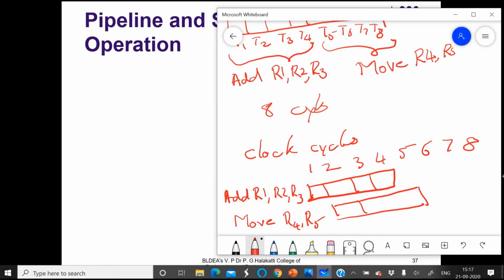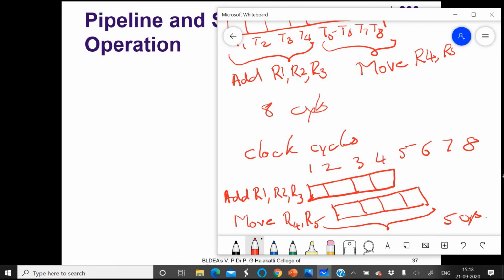As soon as the first instruction finishes execution, the second instruction will be executed. So in total, it will take only 5 cycles to execute the 2 instructions.